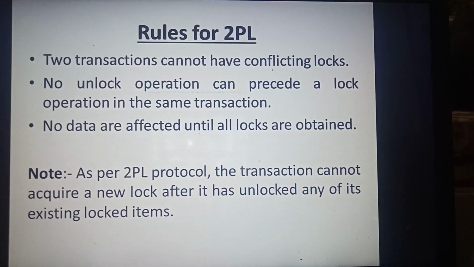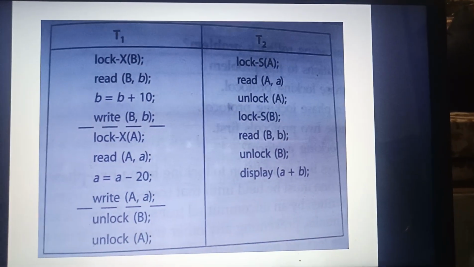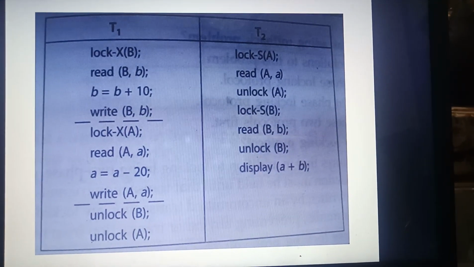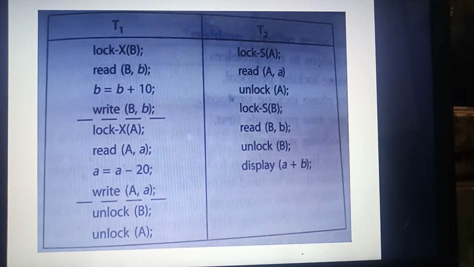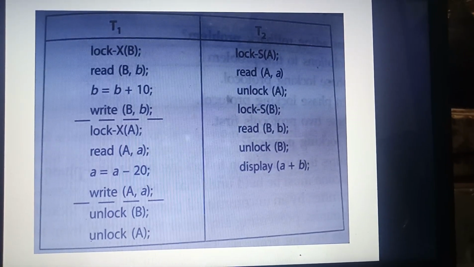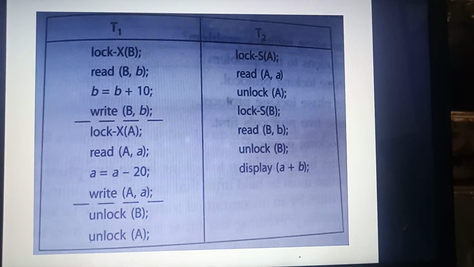Now to explain this, let us see an example. We have two transactions T1 and T2. Let us see whether they follow two-phase locking or not.